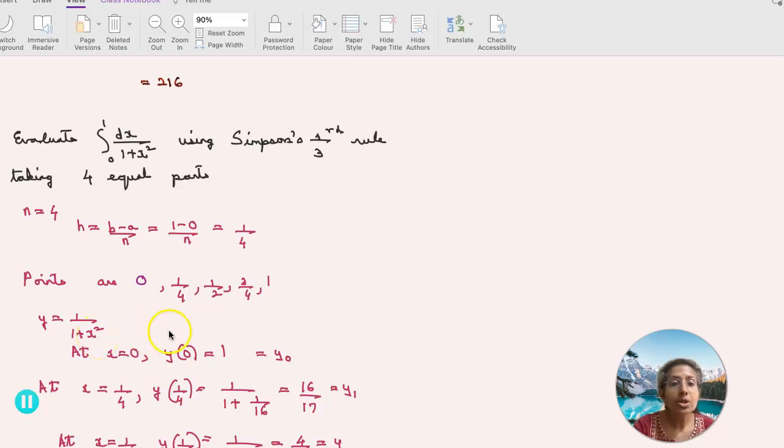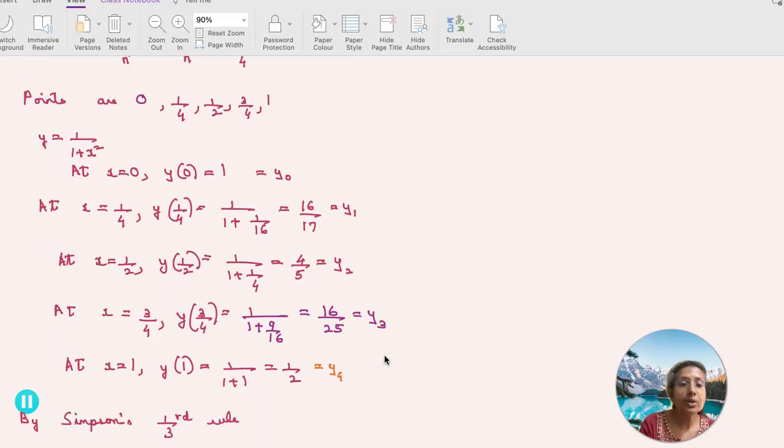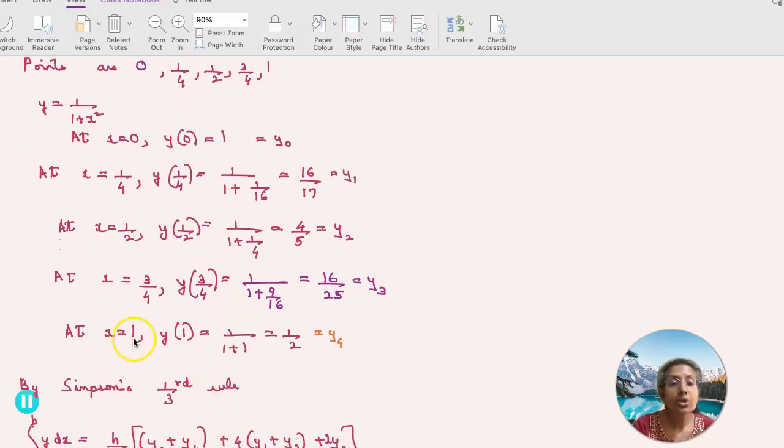At x equal to 0, y is 1. At x is 1 by 4, y is 16 by 17. At x is half, it is 4 by 5. At x is 3 by 4, it will be 16 by 25. And at x equal to 1, it will be 1 by 2. So these are the values y0, y1, y2, y3, y4.